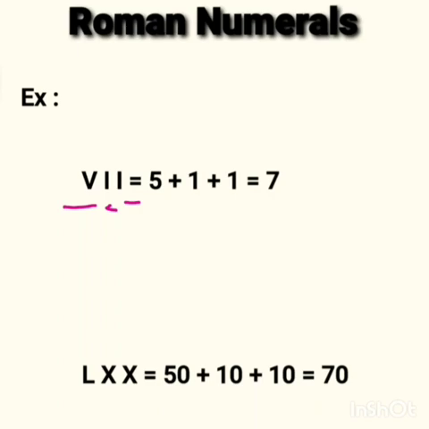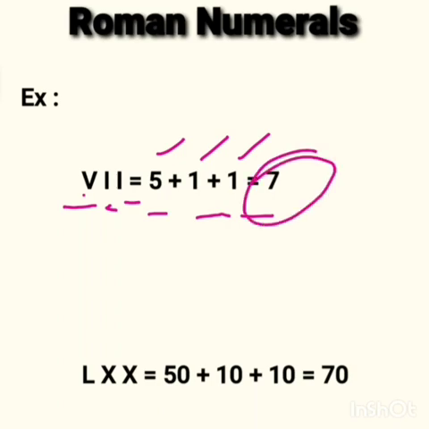So the meaning of V is 5, and the meaning of I is 1, and the last I is 1. So what it says is: when a symbol appears after a larger symbol, it is added. It means we have to add 5 plus 1 plus 1 is equal to 7, right?